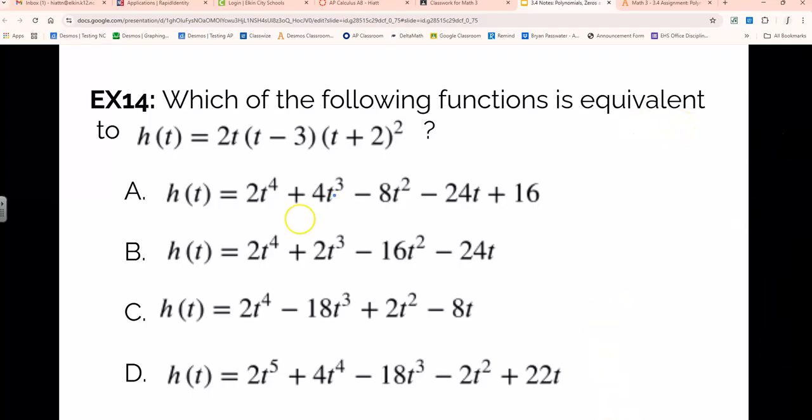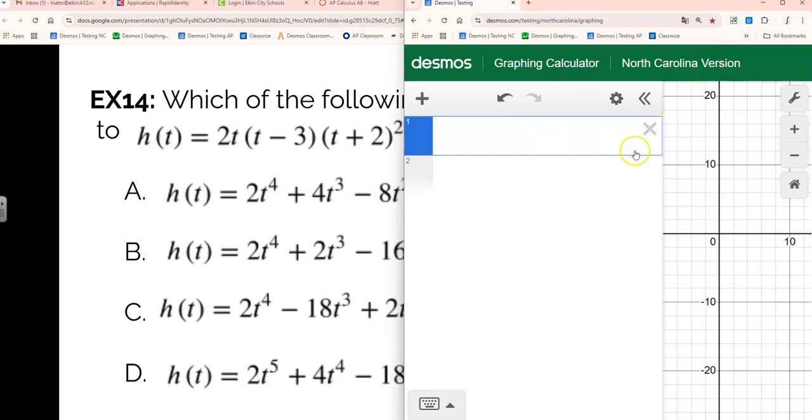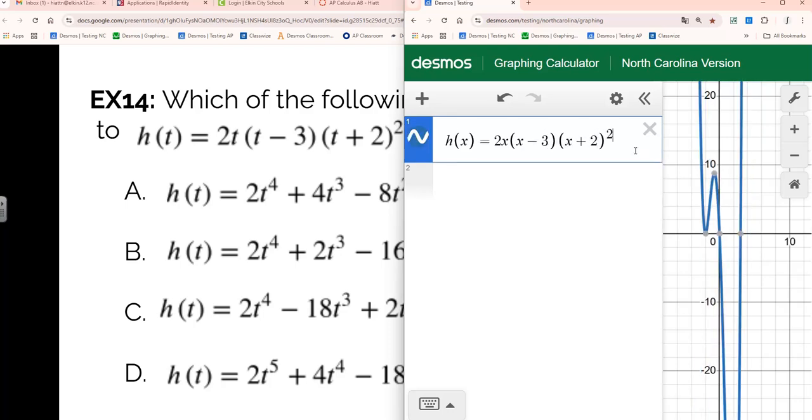I can think about zeros here if I want, but you're going to have to graph your answer choices unless you're going to do some extensive long division anyway. So I would do h of, I'm going to use an x instead of t, 2x, x minus 3, x plus 2 squared.